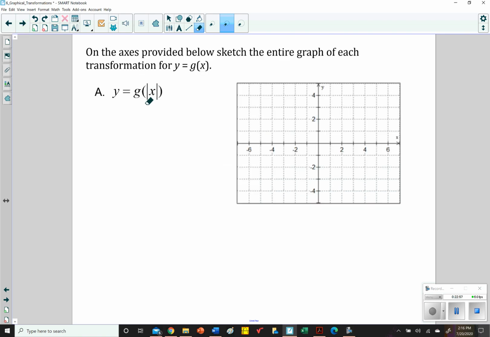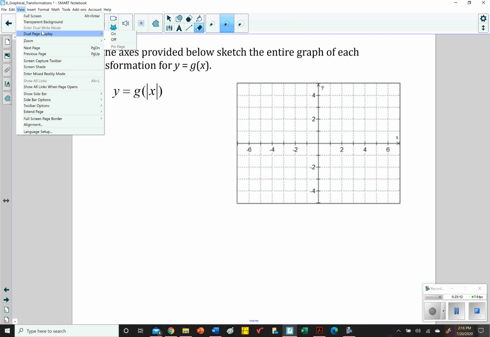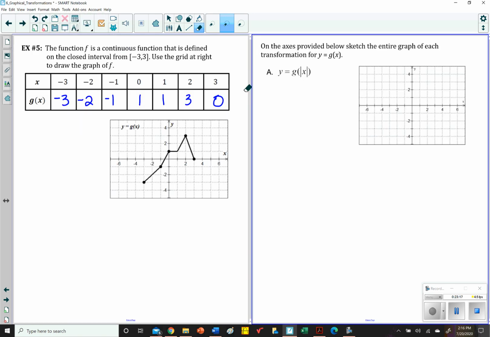This one we're going to take only positive x's, right? So let me put two of them together so we can view both screens together. And I could make this table. So I've got x and g of the absolute value of x.